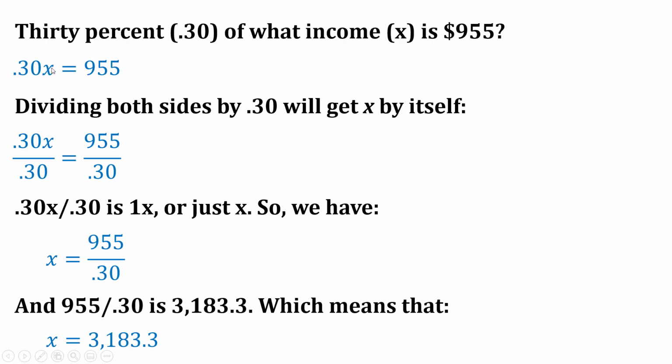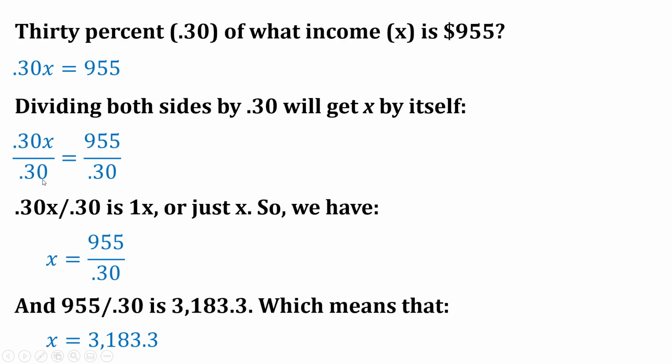Well, you probably remember, one thing you can do here is divide both sides by 0.30, because when you have an equation, it's perfectly fine to transform things by dividing both sides by the same thing, or multiplying or adding both sides by the same thing. If we divide both sides by 0.30, then the 0.30 and 0.30 end up being 1, basically.